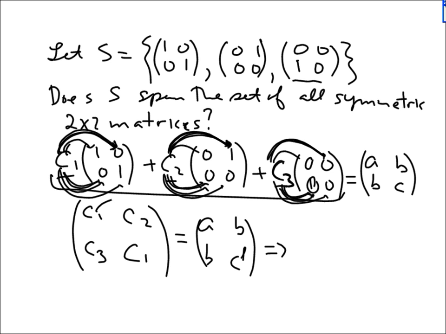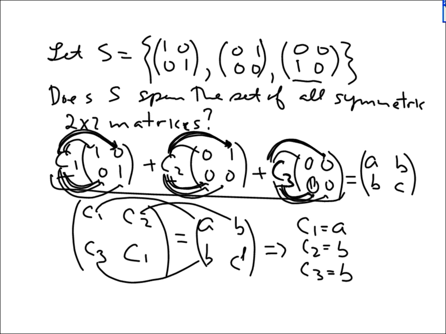That implies that C1 must be A, C2 must be B, C3 must be B, and C1 must be C. Well, this tells me that A and C have to be the same.